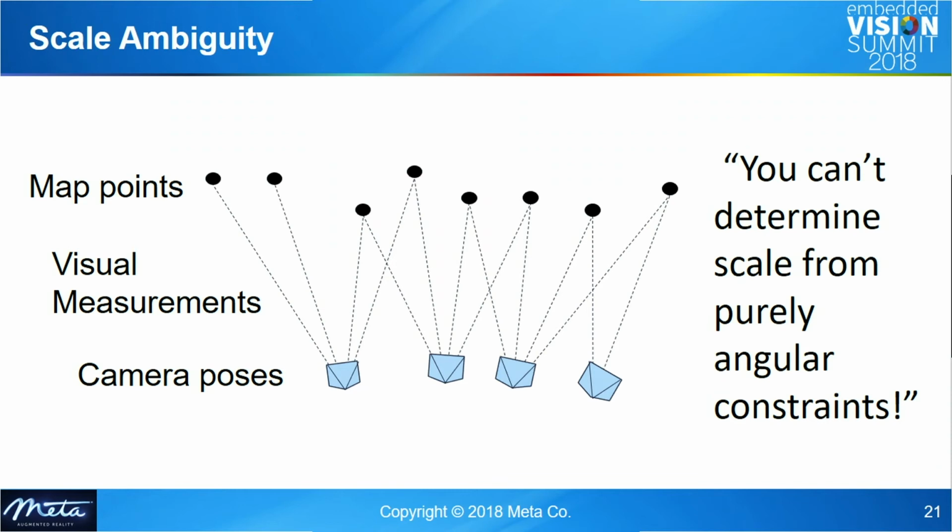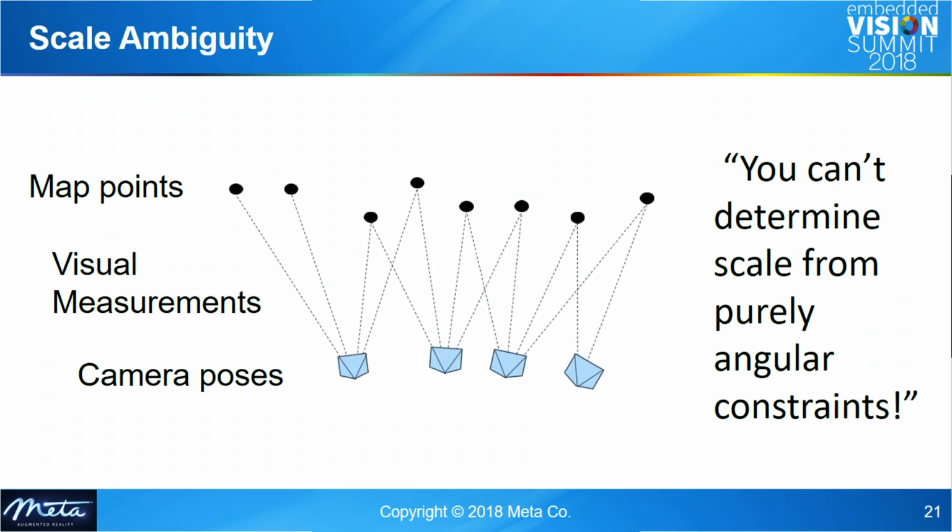A problem we have now, and I'm still talking about monocular single camera SLAM, is scale ambiguity. Think about the Hollywood effect. You can't tell if you are looking at a video of the Statue of Liberty at 100 meters away, or a miniature Statue of Liberty at 10 centimeters away. From the cameras we get only angular constraints.